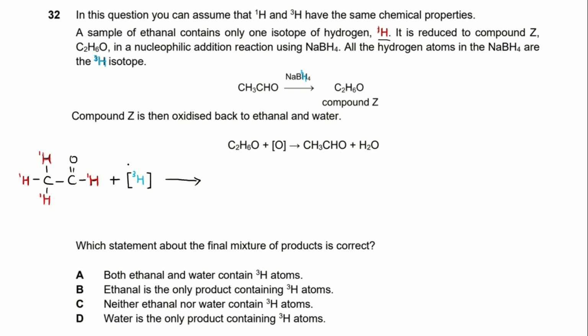I'm using blue ink hydrogen 3 isotope in square bracket to represent the hydrogen atoms that are used from the reducing agent. Reduction of ethanol will form a primary alcohol. Now I'll label the hydrogen atoms using blue or red ink to show that they are originally from ethanol or from the reducing agent.